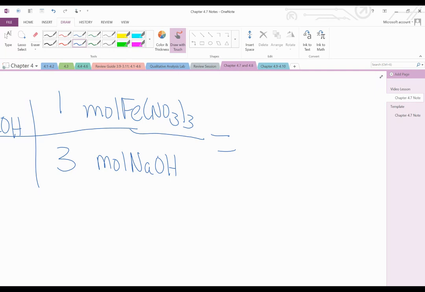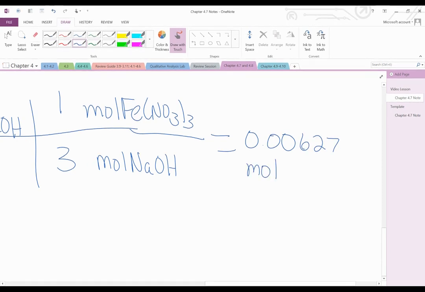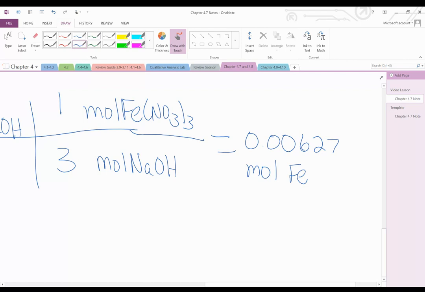And so I would have 0.00627 moles of iron 3 nitrate.